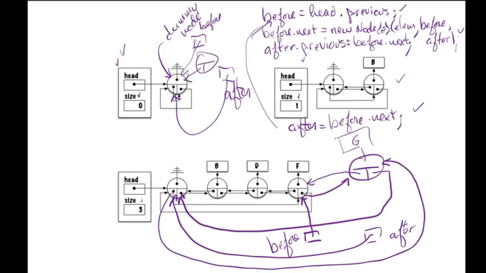Next will be pointing where after is pointing, so after will be pointing at the dummy node. The reference of the newly created node is stored in before.next. And then after.previous will be pointing at before.next. The node has been inserted into the list.